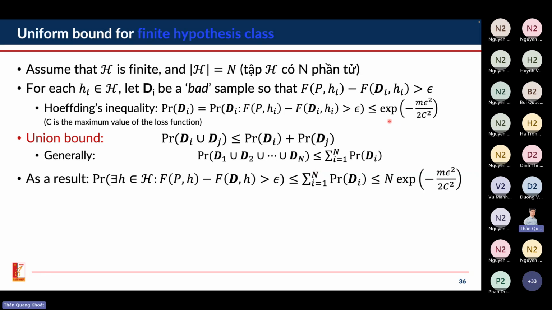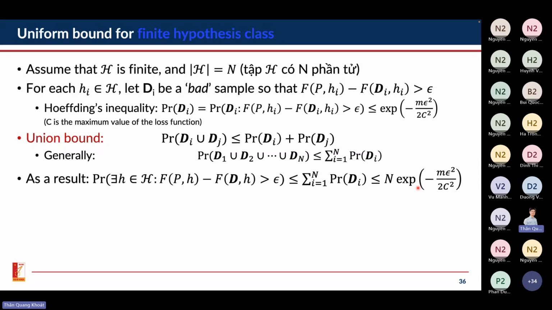And we unify all of these results into one. So essentially, we can say that the probability that there exists a member in the family so that the generalization error is large is at most this sum, and then at most n multiplied by this quantity. Okay.